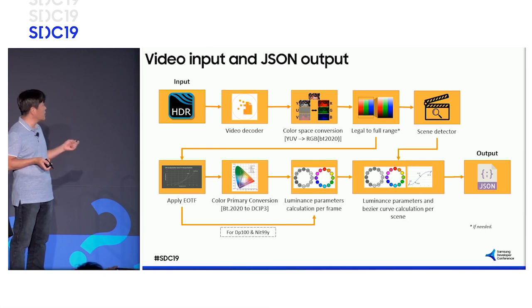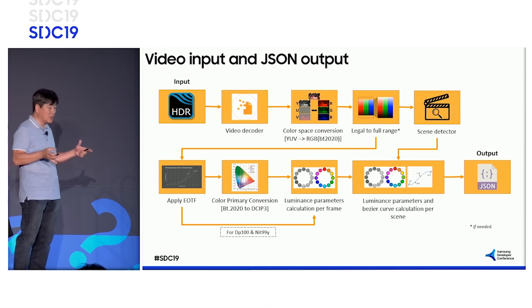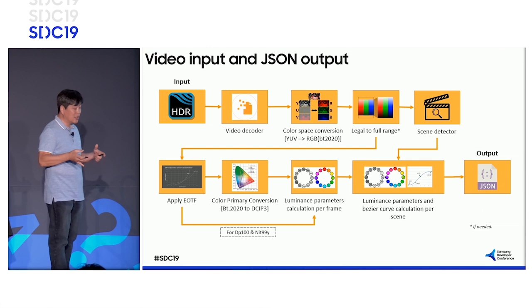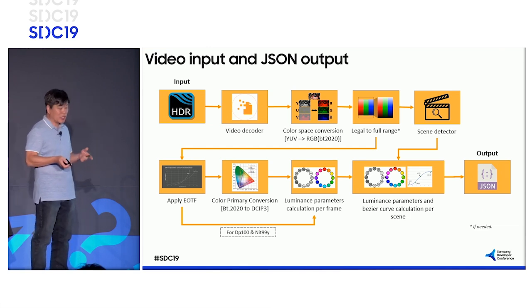So this is the general scheme of the HDR10 Plus metadata generation process. Once you have the content, you need to process it through this mechanism and finally generate the metadata. I will show you a lot of pipeline details through this presentation, but because that is too deep, let me skip it and just show the concept instead of explaining all the steps.